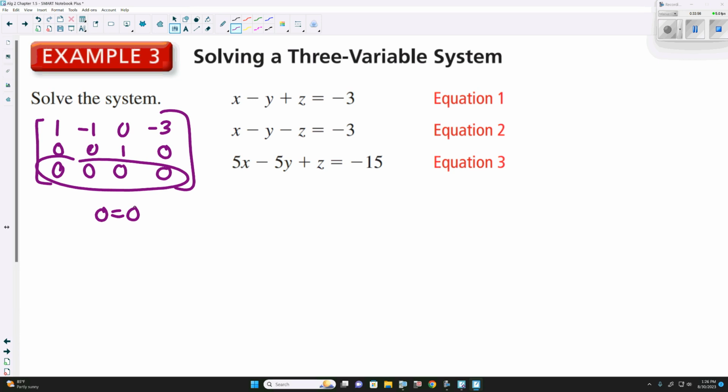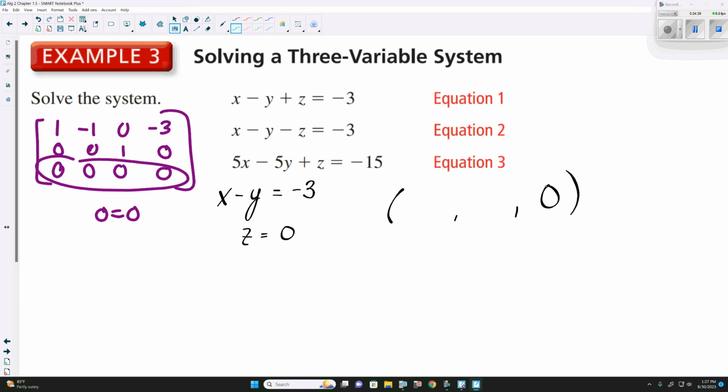Now the top equation is telling me that x minus y is equal to negative 3. The second one is telling me that z is equal to 0. Now again, I said the other day that with infinitely many solutions, only some numbers will work for it, and not everything will.